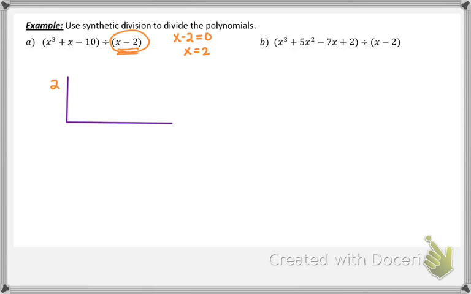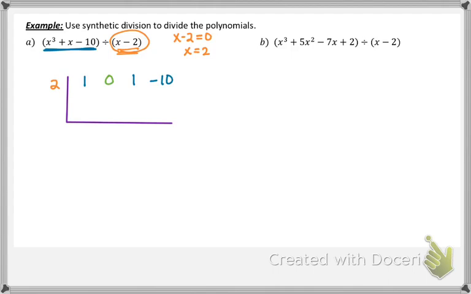Now what goes on the inside are the coefficients for my dividend. So 1x cubed, 1 is my coefficient. 0x squared, don't forget the placeholder. I'm going to put 0 as a placeholder for the x squared term. And then 1x, so 1 is my coefficient, and negative 10.